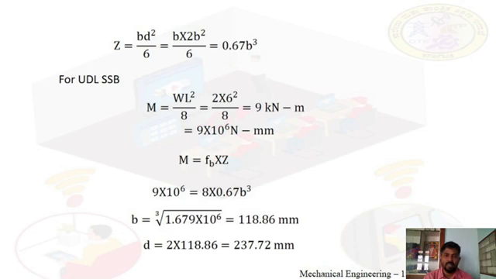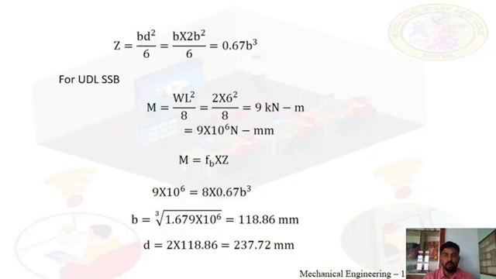You can also find out in meter, no issue, but finally you convert that into mm. If you put one in mm and another in meter you will get wrong answer. So you convert all forms into mm or meter, anything is okay. Finally you keep it in mm. So now the moment M is equal to 9 into 10 power 6 Newton mm.